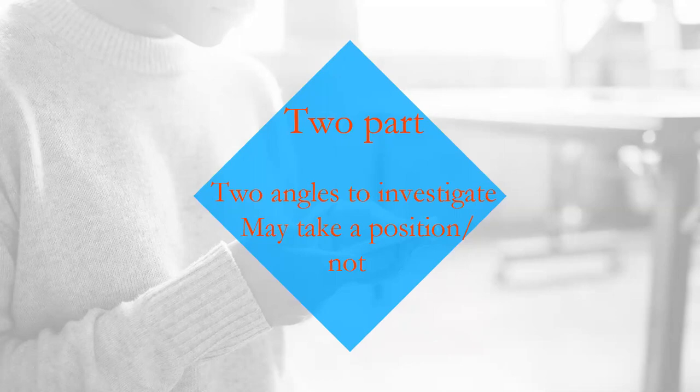You have to look at these two parts of the question. And sometimes you may be required to take a position in a question such as to what extent do you agree or disagree? It may come as part of a two-part question. The essence of these questions is that you have to look at two different angles of the question that you have.